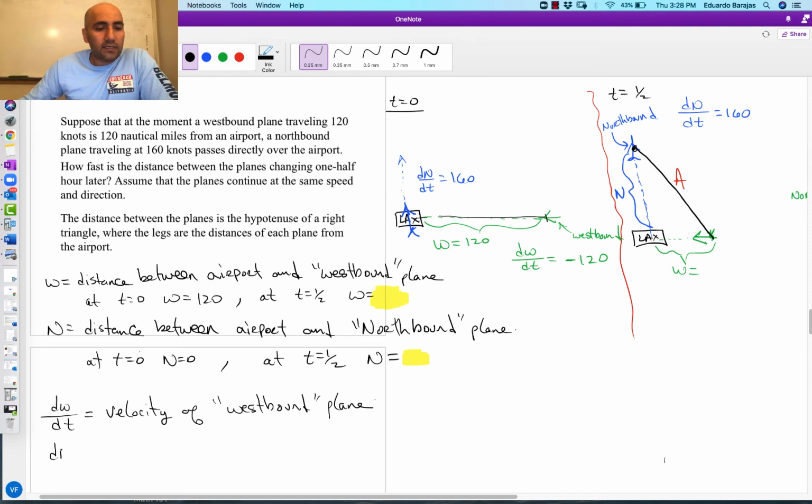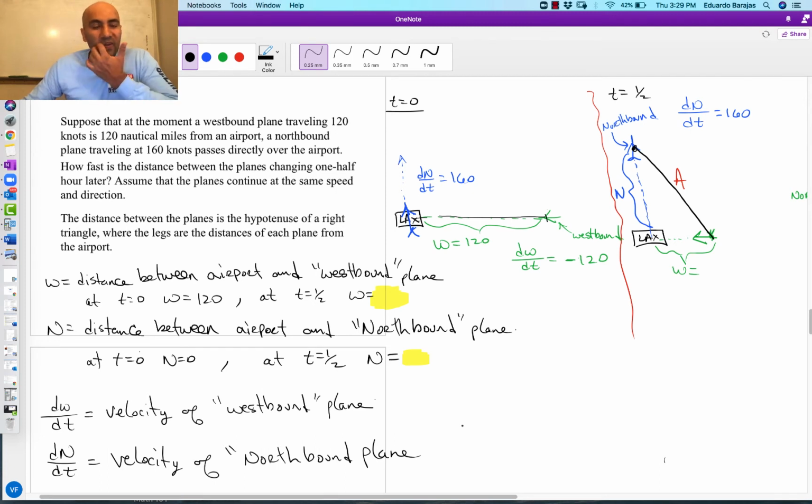And we have dN/dt, which represents the velocity of the northbound plane. And finally, we are interested in the distance change.